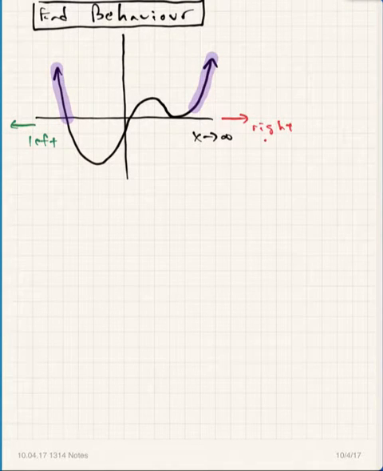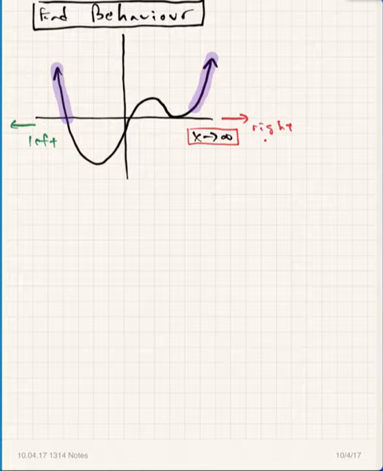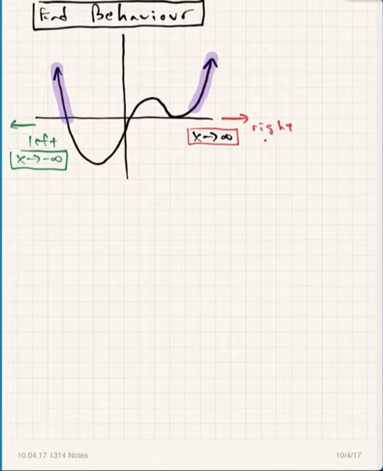Now, when the graph is moving off to the right, you're talking about x going to positive infinity right here. And as x is going to the left, you're talking about x going to negative infinity right here. And basically, you're just asking, what is y doing in those cases? What's the y value doing as you're moving off to the right and off to the left?